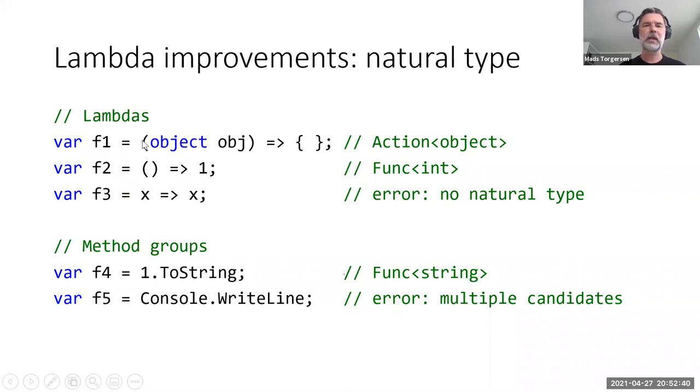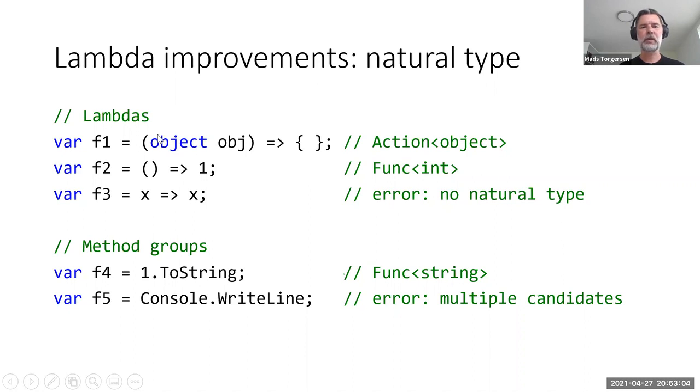The plan is that if you have a Lambda that's not being converted to a type on its own, then we would try to find an Action or Func delegate, and if there's one that fits precisely, we will use that one. Otherwise, we'll just generate a delegate type for you in your assembly. But only for those cases where it otherwise would fail to get a type.